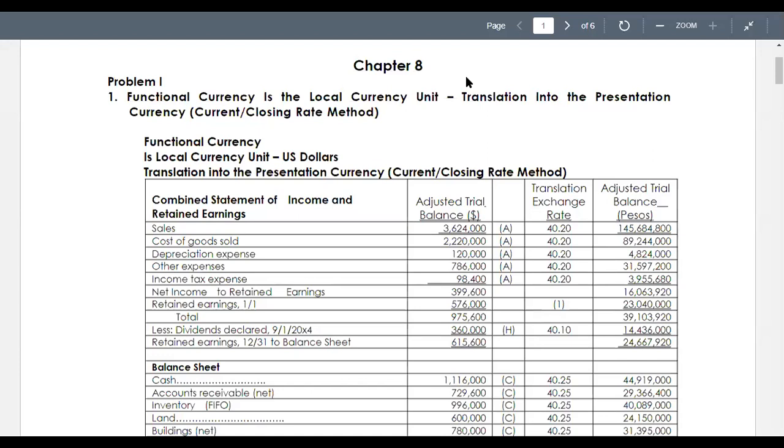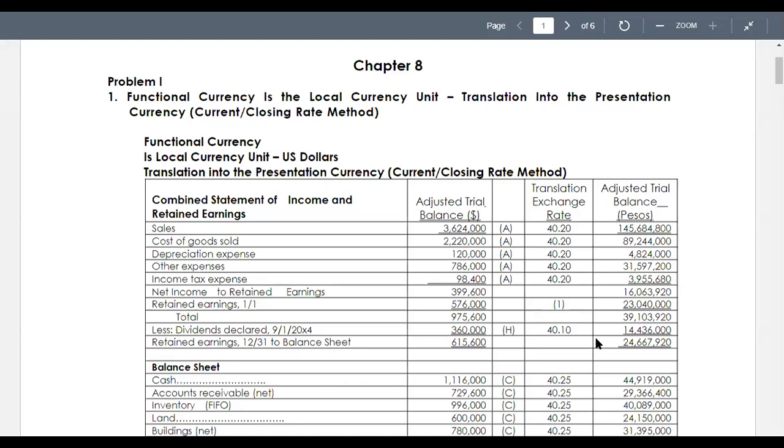Like, for example, monthly, you purchase, you pay your operating expenses. The fact that these expenses and income elements occur evenly throughout the year, so we use the weighted average method and no longer the historical method.